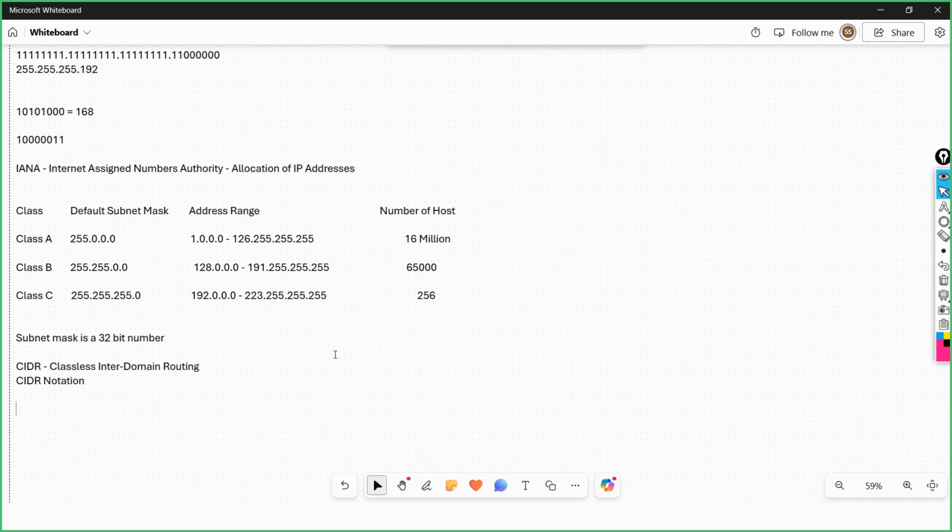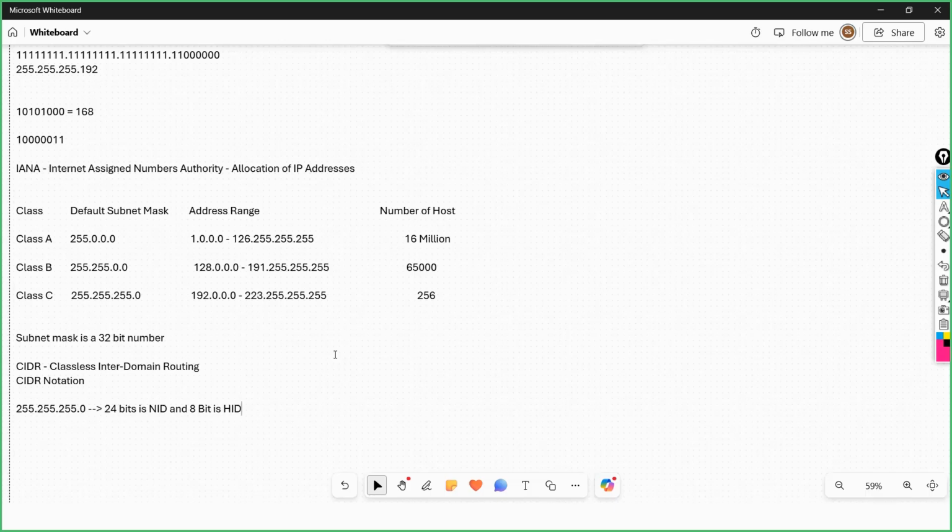So what is this? See, subnet mask, how you're writing it, for example, 255.255.255.0, where you say that 24 bits is network ID and 8 bits is host ID, right?